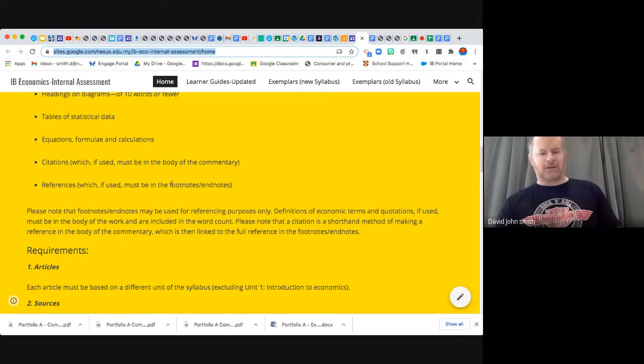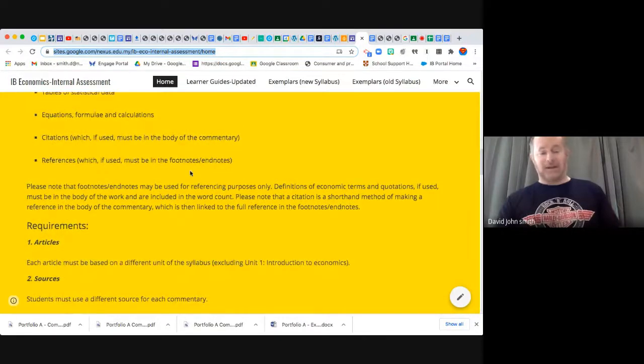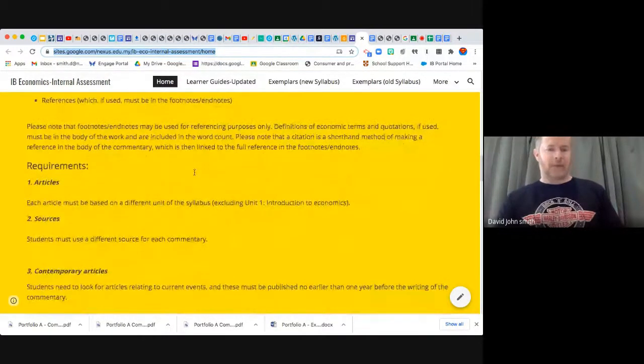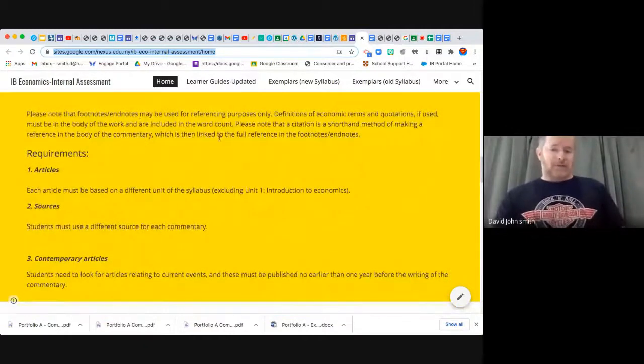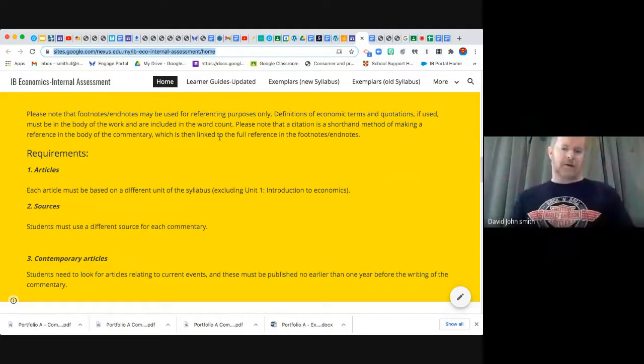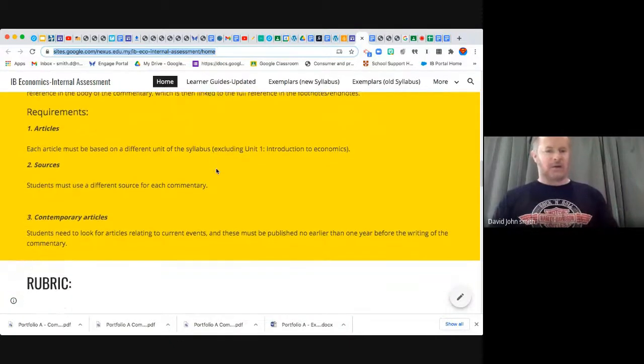If you don't know how to do footnotes or endnotes, then you need to learn, okay, because that will be a very valuable thing for you to figure out. Right, it's only for referencing purposes, which means if you are trying to put extra information that isn't referencing into your footnotes and endnotes, then that actually will be counted. Right, so do be aware of that. And there's another caveat with regards to your word count that I'll get to in a minute.